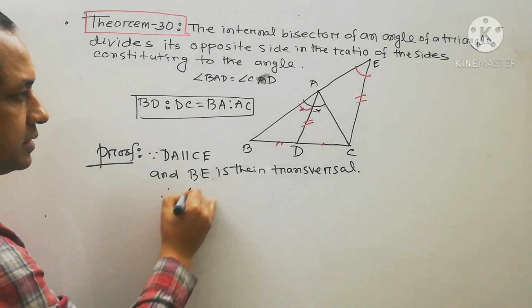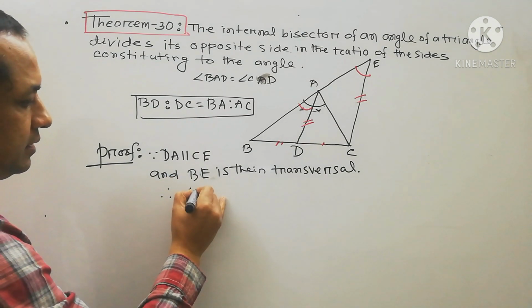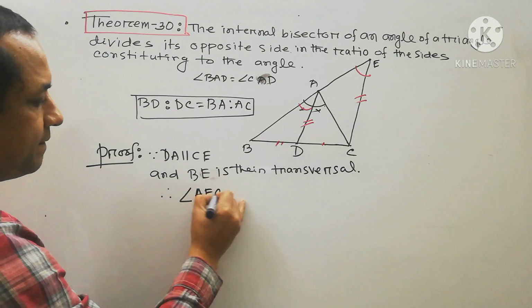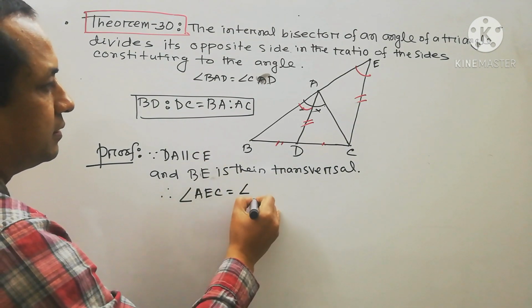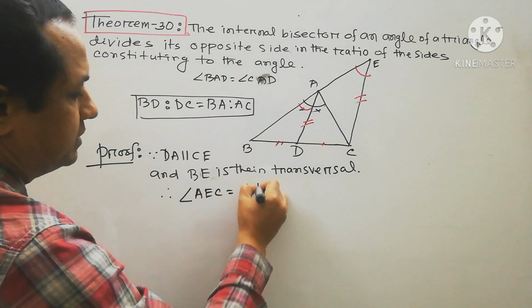So we can write angle AEC equals angle BAD.